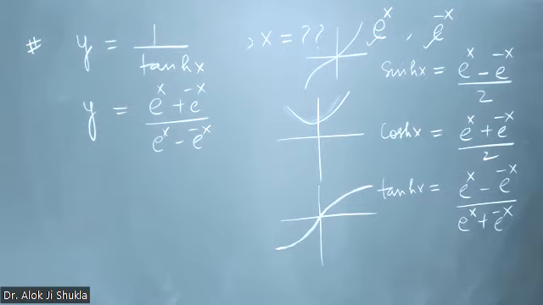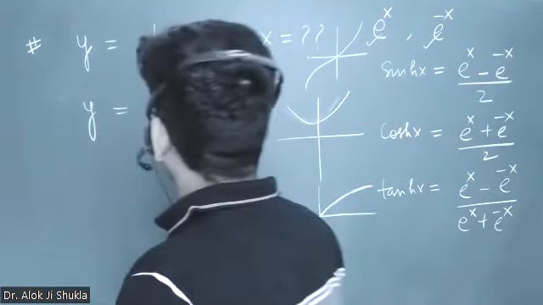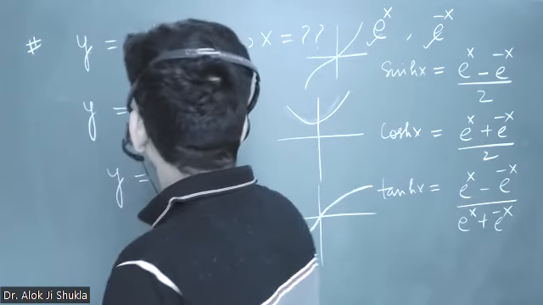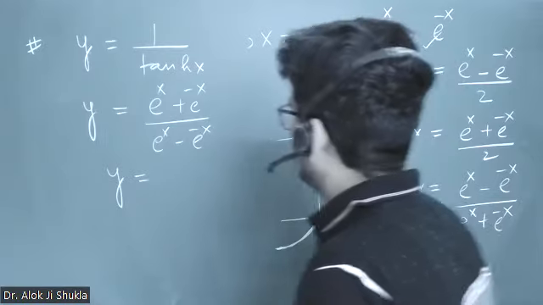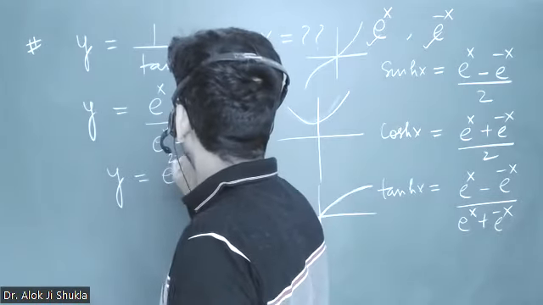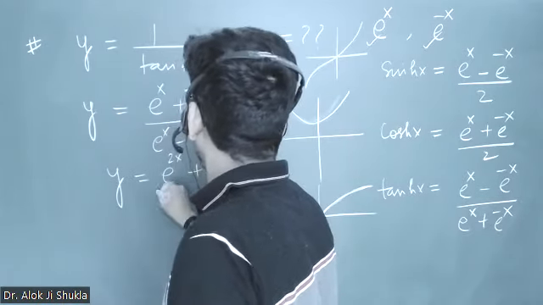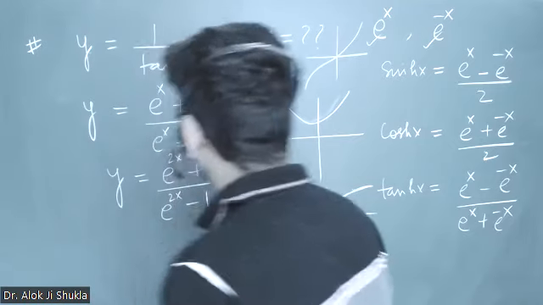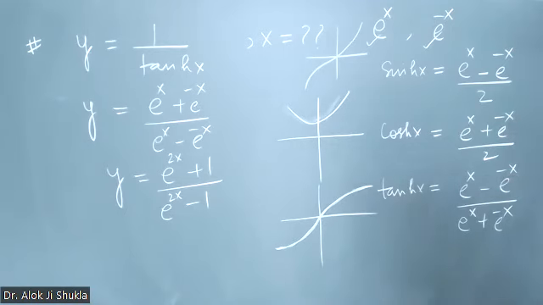Yes, sir. And then I want it to be written like this: e to the power 2x plus 1 upon e to the power 2x minus 1, because I am going towards x.